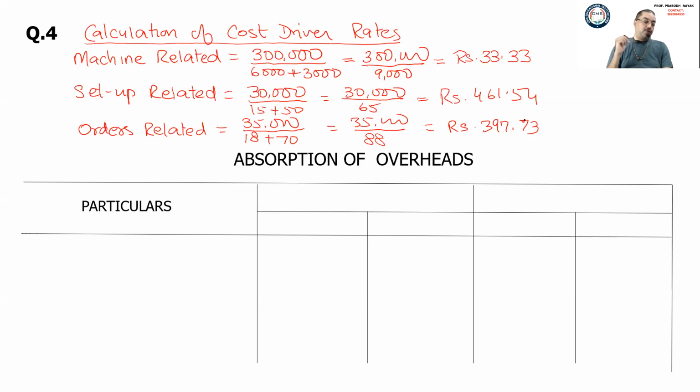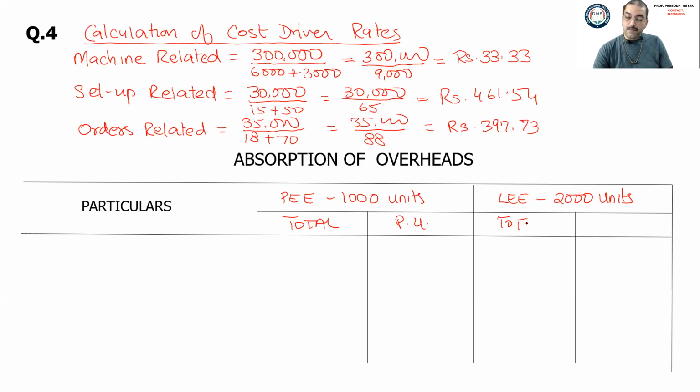Now prepare a statement, absorption of overheads. 1000 units of P, 2000 units of D, total and per unit column.